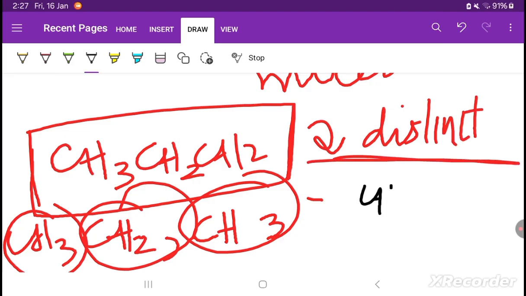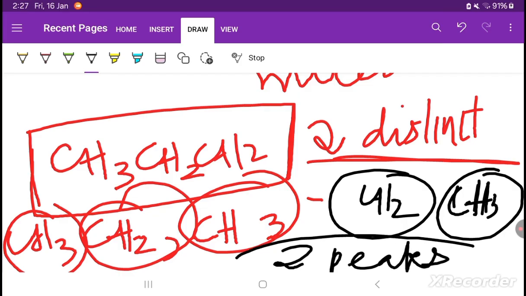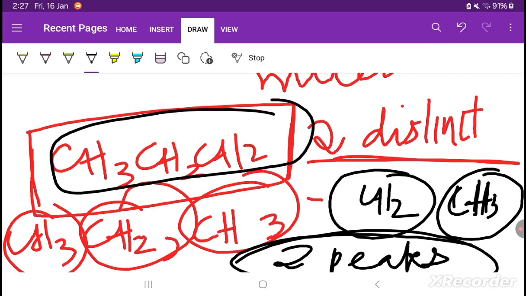One is CH2 and the other one is CH3. So there will be 2 peaks forming in this one. Sorry, I have read the question wrong. It is CH3 CH2 CH3. This is the compound.